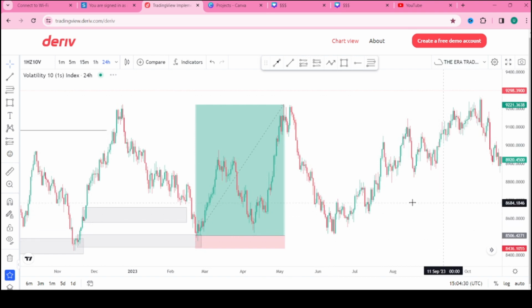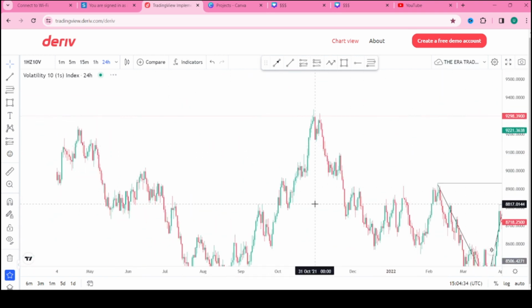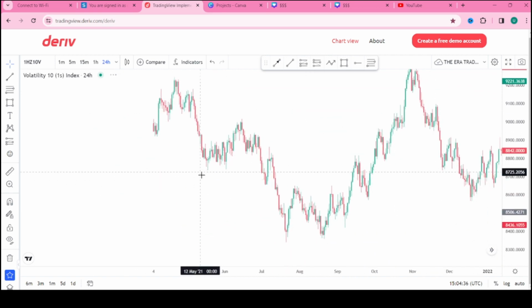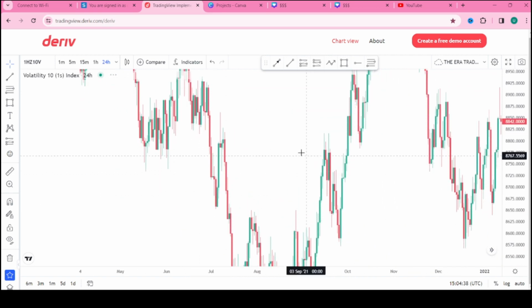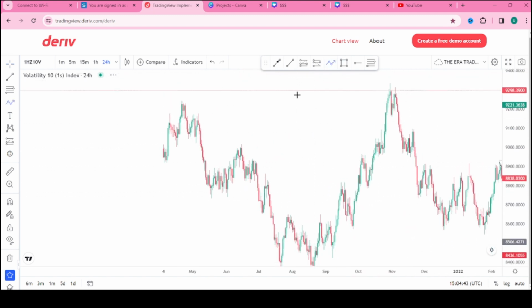Now let me show you a sell scenario to validate what I'm saying. We could see from this point that the market started with lower high, lower low, lower high, and there was a return to this order block and it sold.